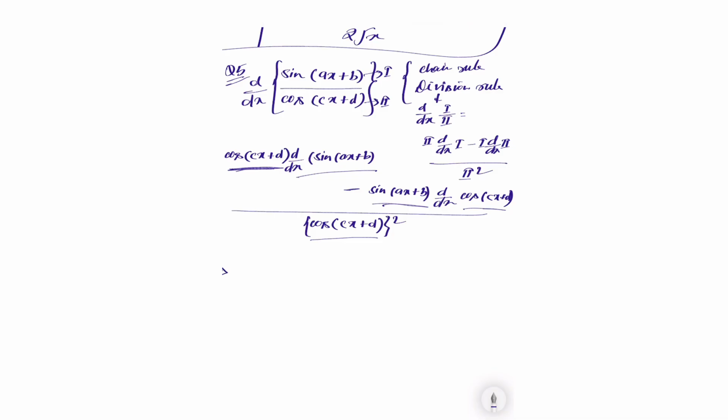Now apply the chain rule here. First write cos(cx plus d), apply here, sin will become, yes, cos(ax plus b). Now going to the second gate, ax plus b will become, yes, a. b will be 0 because of constant, ax will be a.